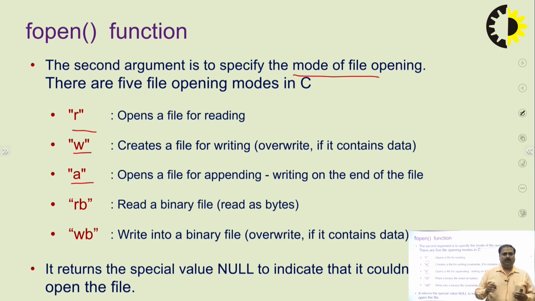So depending on the operation, the file will be opened. If we open a file in read mode and the file is available with content, the file will be opened. If the file is not available, such a file will not be opened.